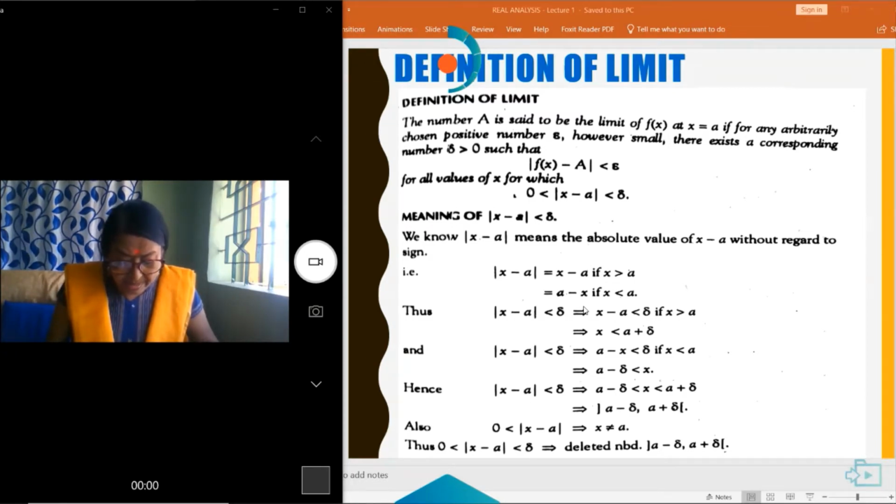Also, modulus of x minus a greater than 0 implies x is not equal to a. Thus modulus of x minus a lies between 0 and delta, which defines the neighborhood, the open interval a minus delta to a plus delta.